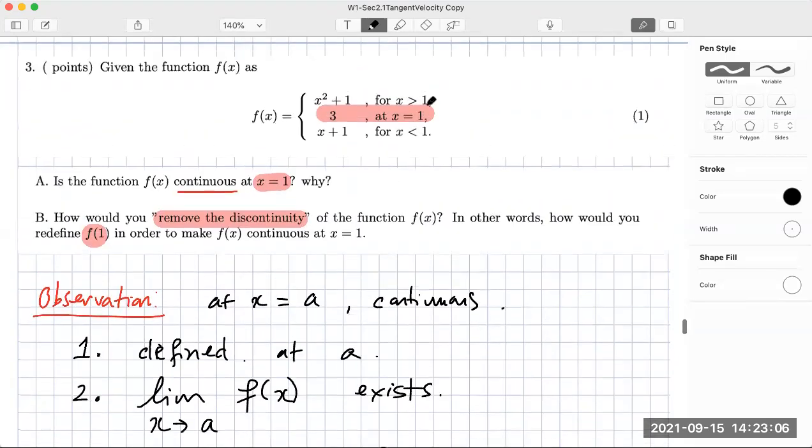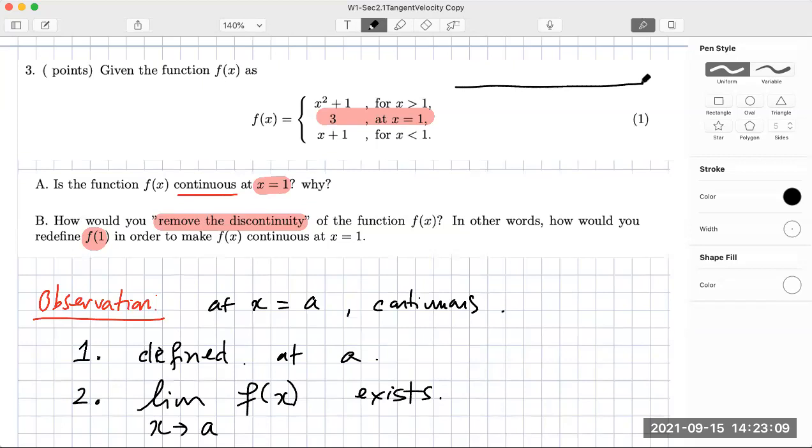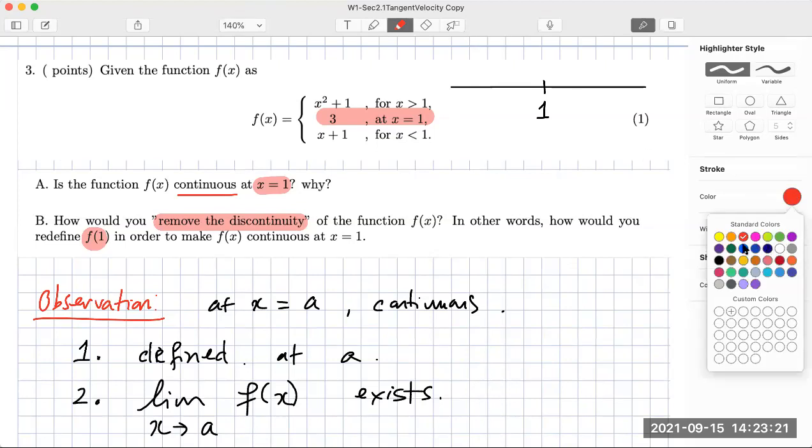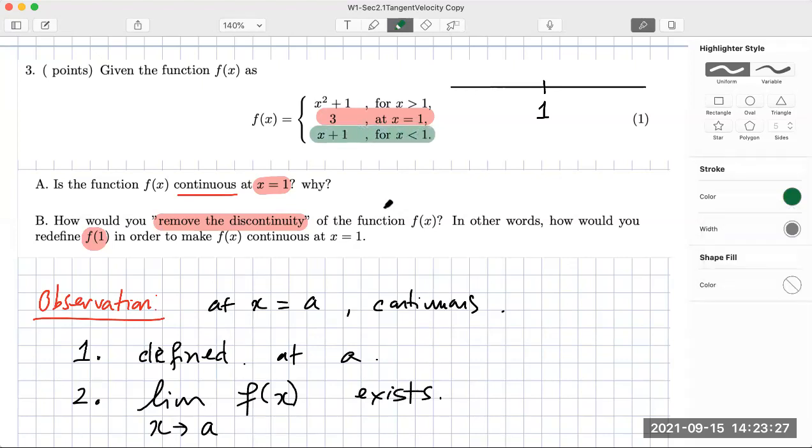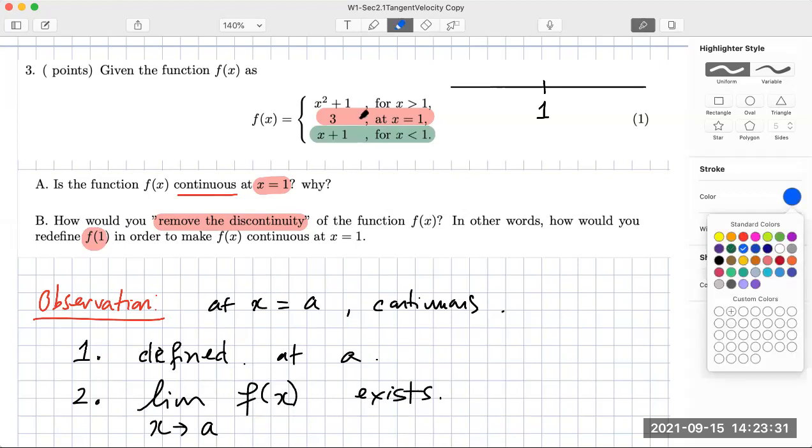So here, the branch function, it means that if it is a real line here, and the point 1 here. If x is smaller than 1, which branch should we use? This guy, right? And if x is larger than 1, we should use this one.